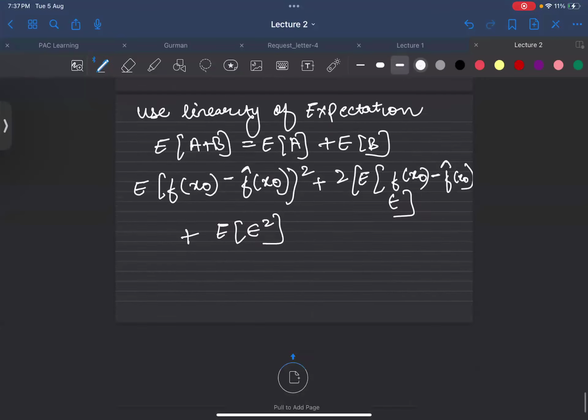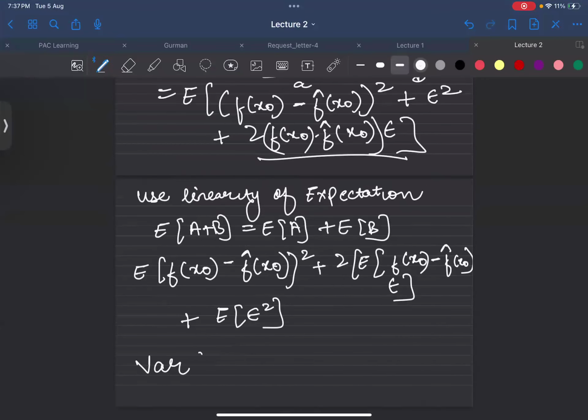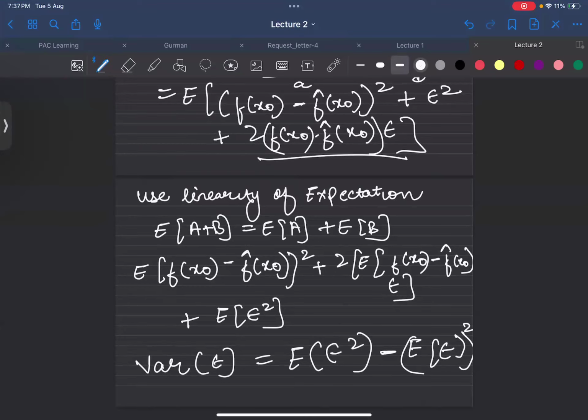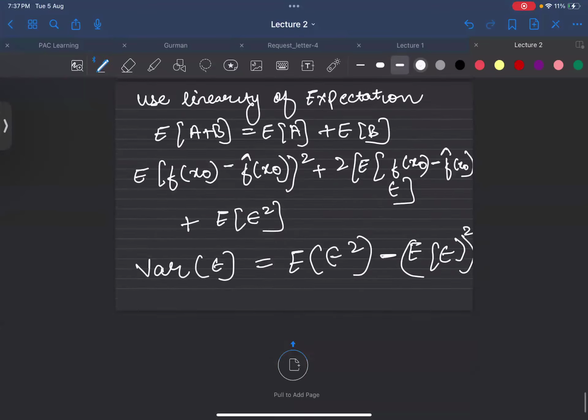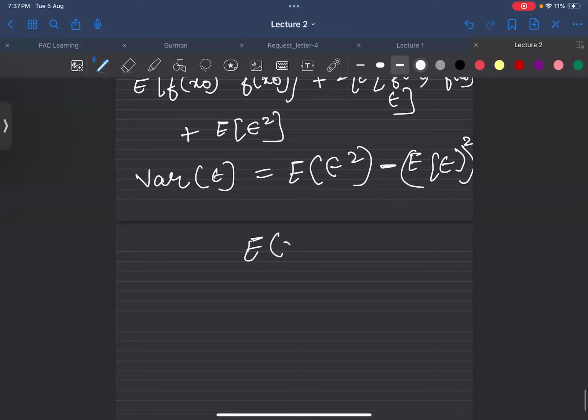So now, what is the variance formula with respect to expectation? I have expectation of epsilon square minus expectation of epsilon whole square, this is the variance formula. Expectation of A square minus expectation of A whole square is variance of A. Fine.